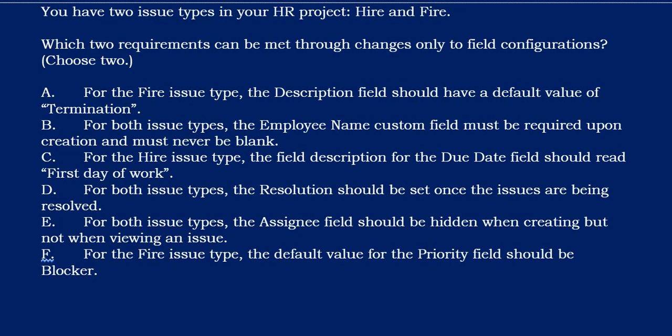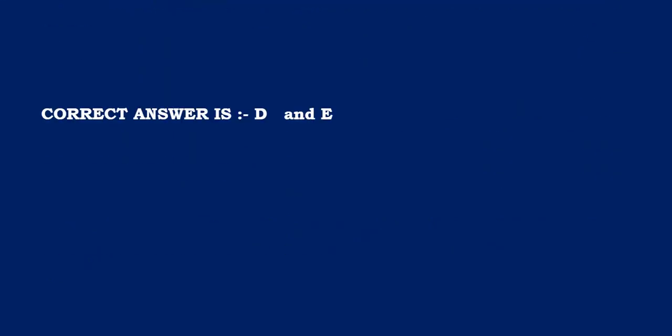Option F. For the fire issue type, the default value for the priority field should be blocker. Correct answer is option D and E.